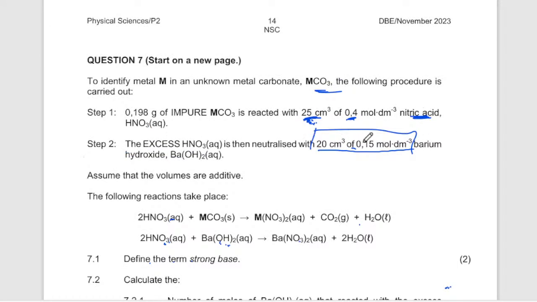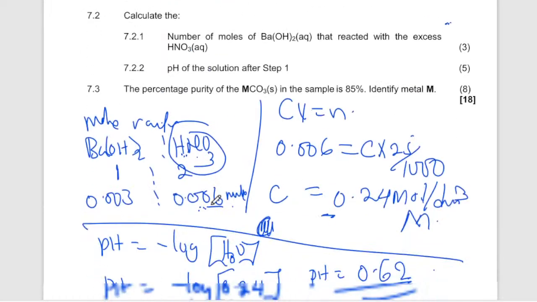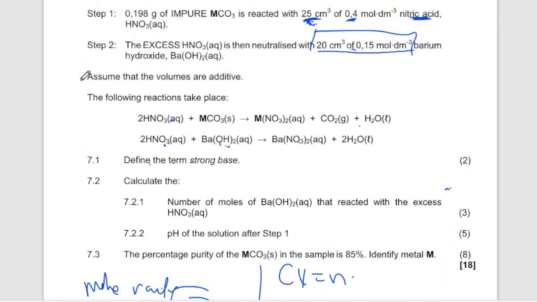How much we used, we calculated already. Then after that, we can subtract, and then we can use that to compare, and then we find the number of moles, and after that we can find the molar mass in that regard. Let me just show you what I'm trying to say.